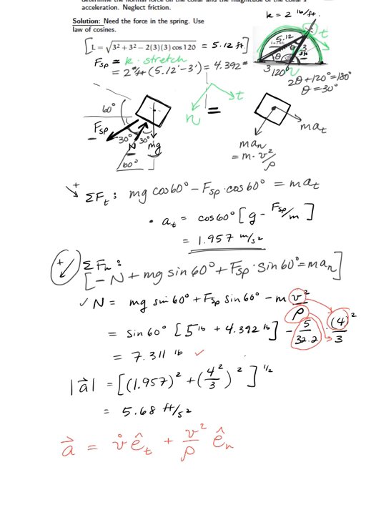So I'm just going to use my answer for tangential. That'll go ahead and fit right in there. And then I've just got my v squared over rho, which just sits in there. So I end up with a total acceleration of 5.68 feet per second squared on that collar.